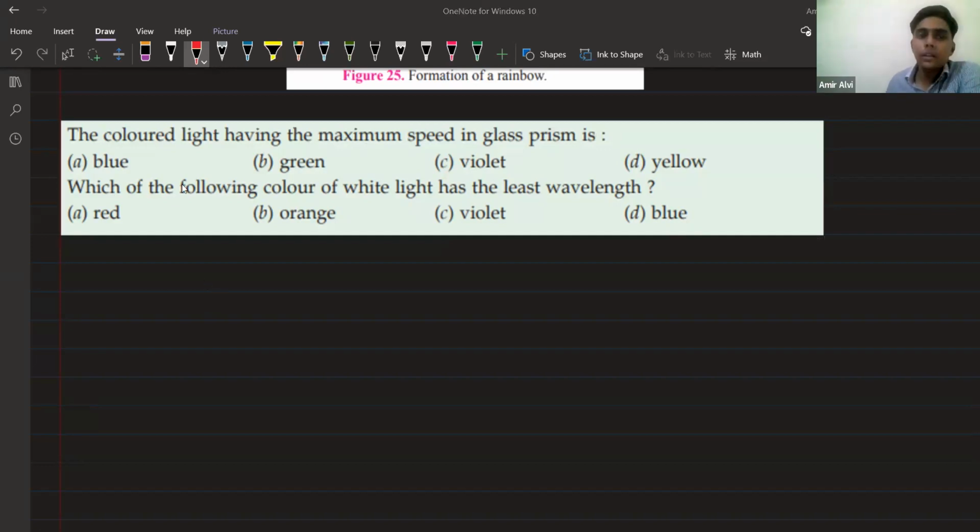Let's see. The color light having maximum speed in glass prism.